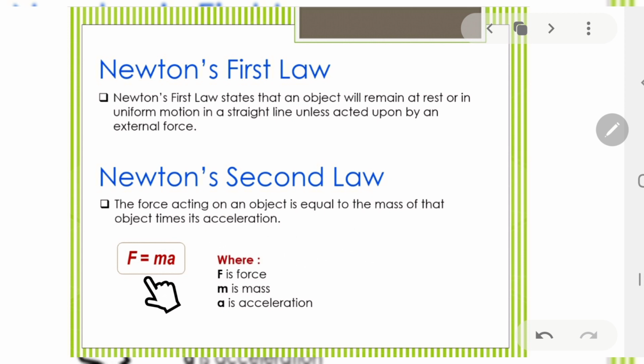So basically, Newton's second law is related to the formula of F equal to ma, where m is for the mass, which is measured in kilogram, and acceleration is in meter per second square. Alright, kita akan tengok contoh soalan yang melibatkan F equal to ma selepas ini.